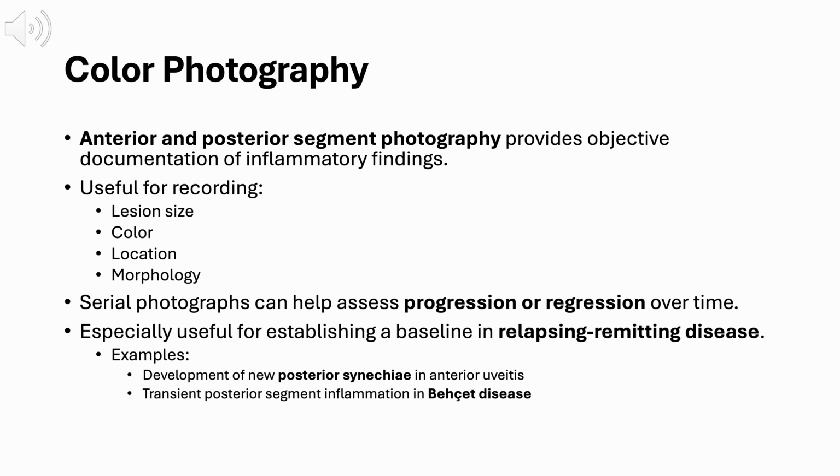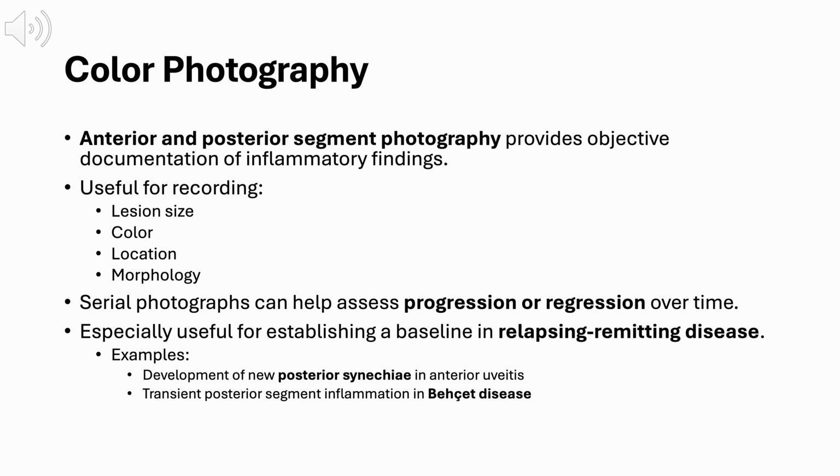It's easy to overlook, but color photography is a genuine diagnostic and monitoring tool. Anterior and posterior segment photography gives objective documentation of inflammatory findings, recording lesion size, color, location, and morphology in a way that memory and hand-drawn sketches can't match.